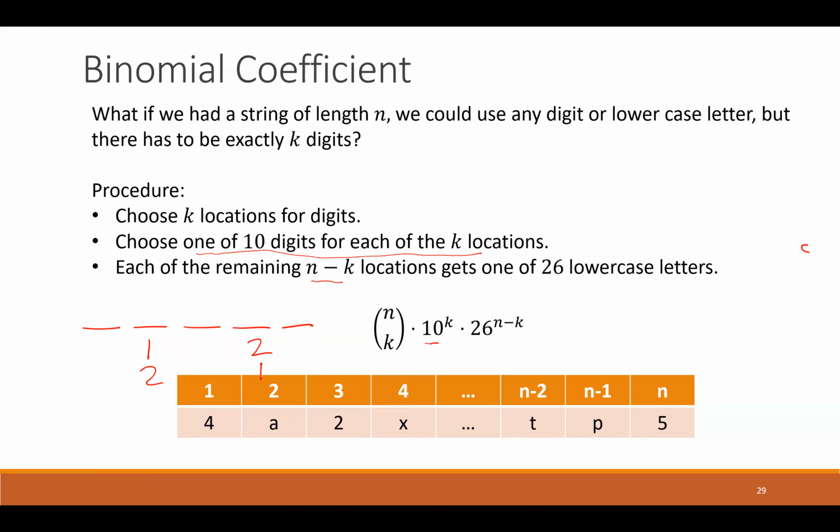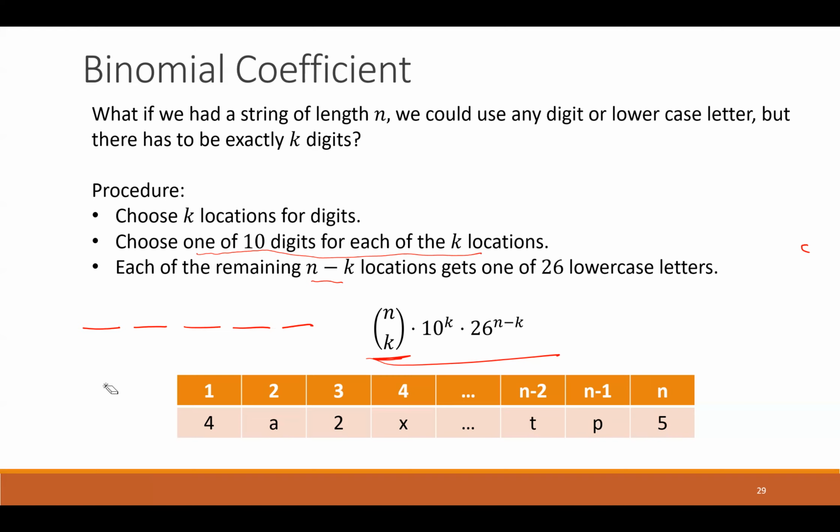Other questions? If you could choose 2 and 2, is it double counting? In this case, I'm only choosing locations. In these questions, we're mixing a bunch of the different concepts that we've learned. This step only chooses locations, not numbers or whatever the alphabet is.